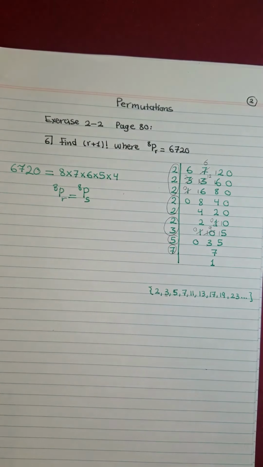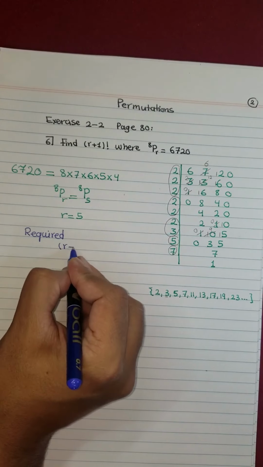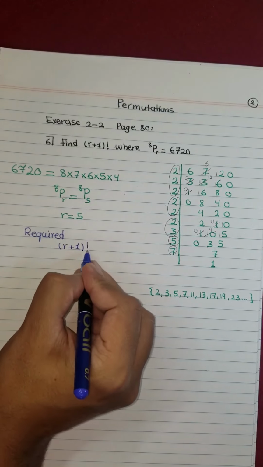Since we found this R, we can substitute it here and find what is required. What we need to find is R plus 1 factorial.